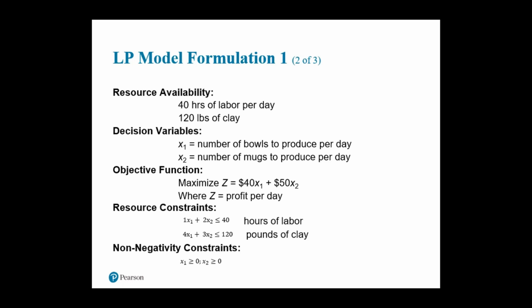So that is the problem that is facing this firm. How many mugs to make a day? How many bowls to make in a day? Subject to having a maximum of 40 hours of labor and 120 pounds of clay.